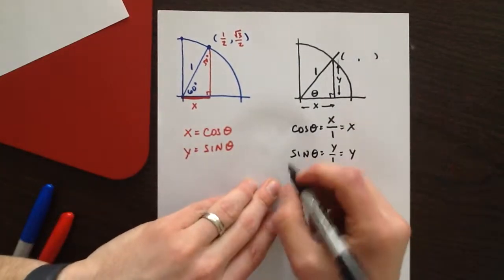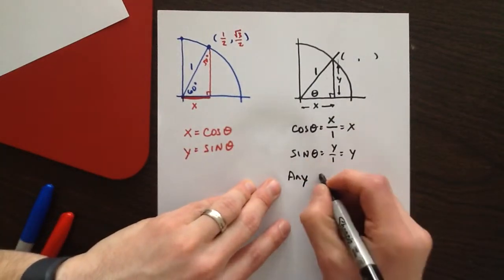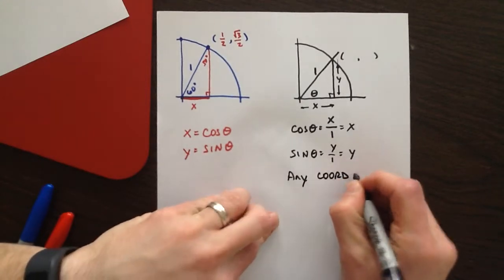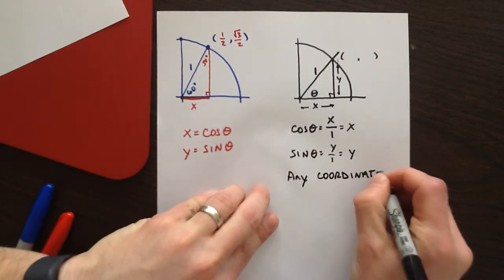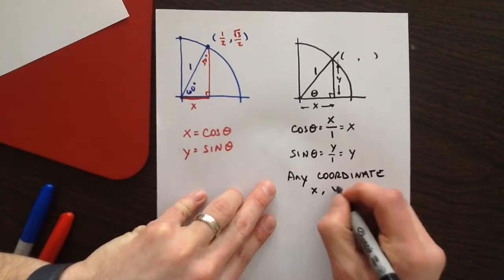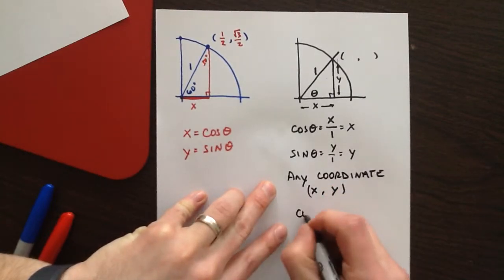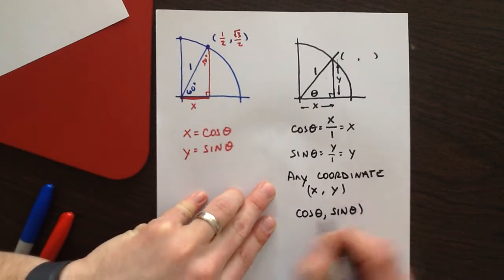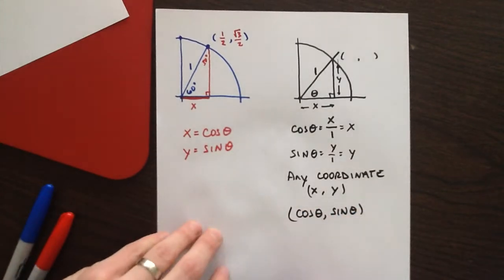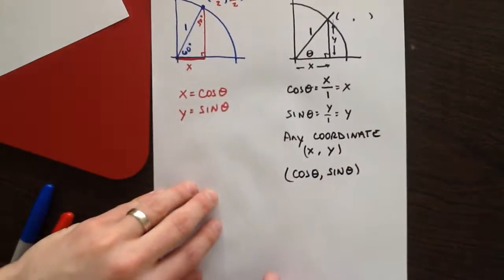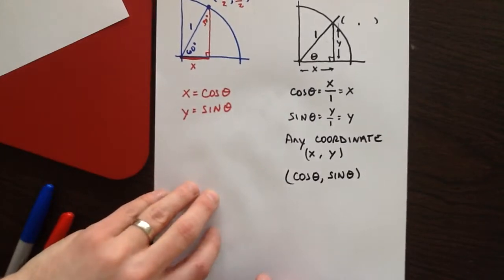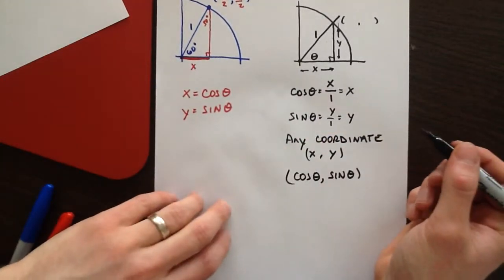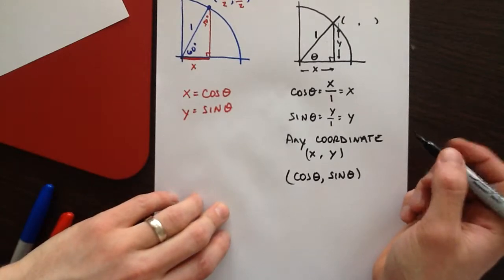So for any coordinate around the circle, that xy coordinate is always cosine, sine. The x value is always cosine, the y value is always sine. Any angle around the circle, or at least quadrant 1.